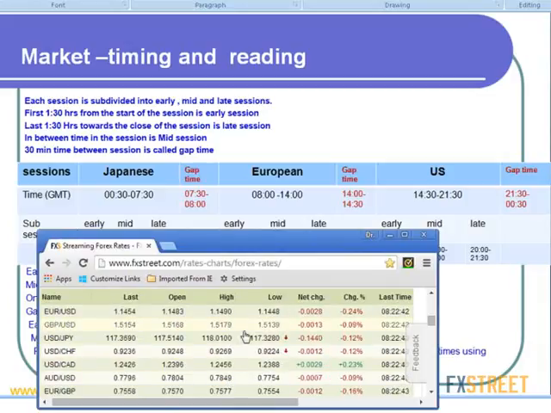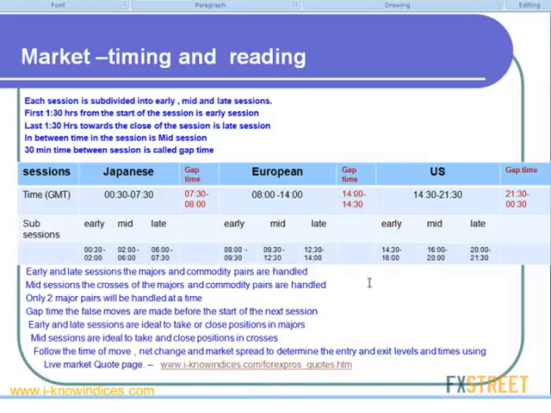If they show more than 40 pips spread between the low and the high, that indicates that they are handling those currencies. Then try to take positions in those currencies. You'll find the going will be very good, and you'll be able to book profit quickly.